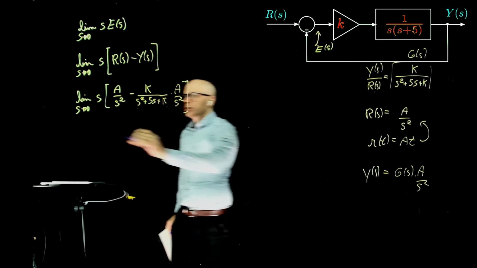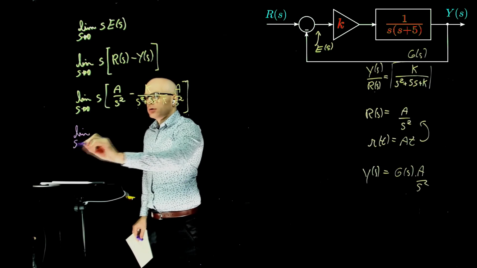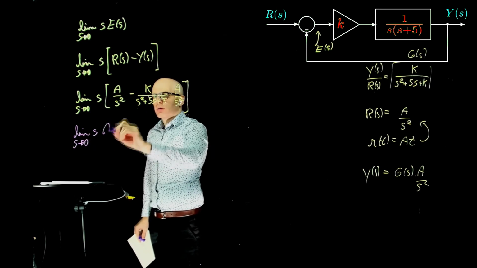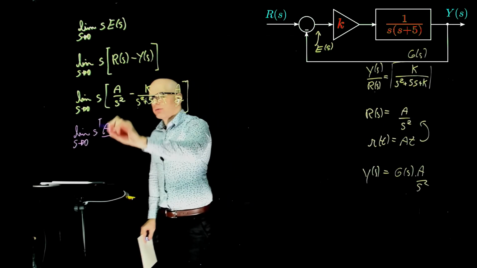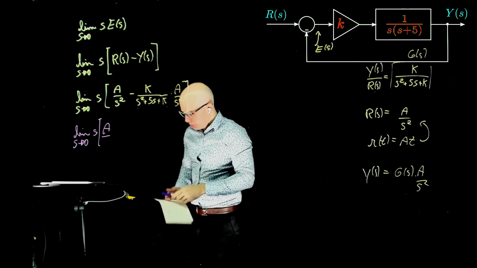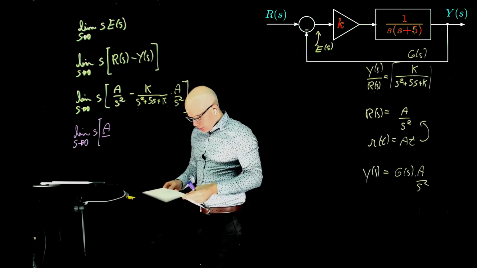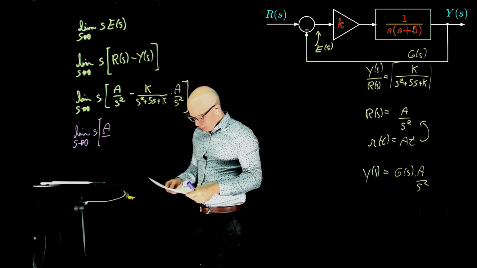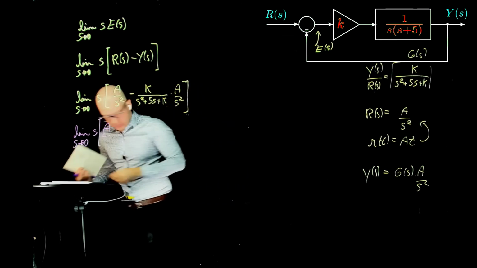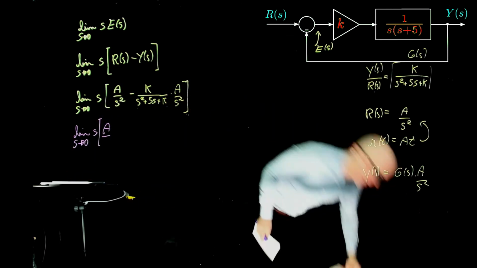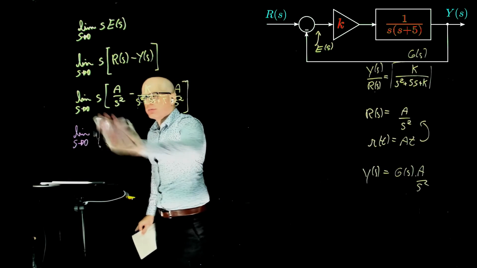We can factor out now a over s squared. Let me do this a bit differently, just to make the math a bit easier.